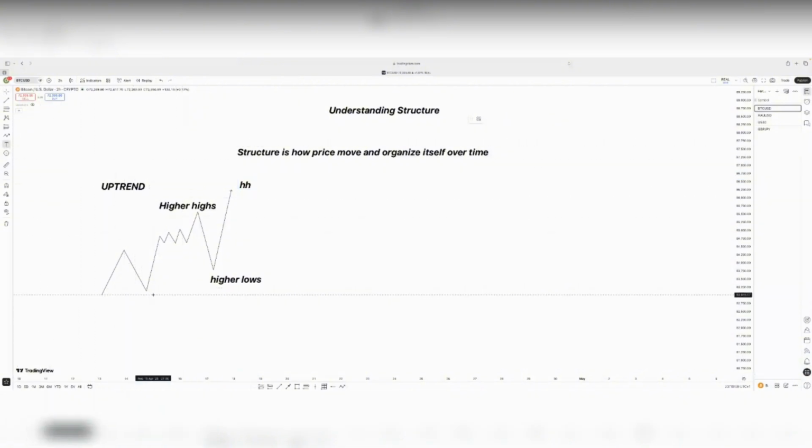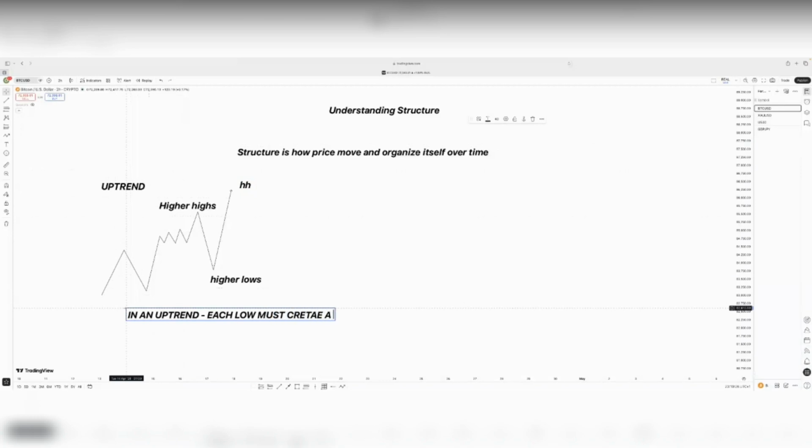In an uptrend, each low must create a new high.